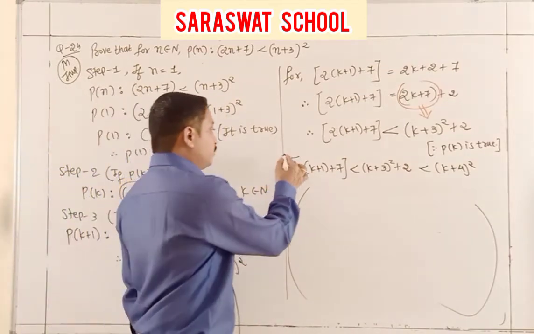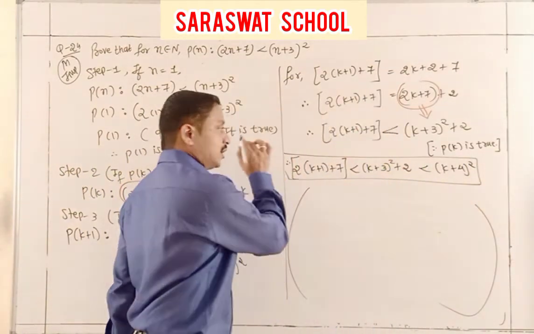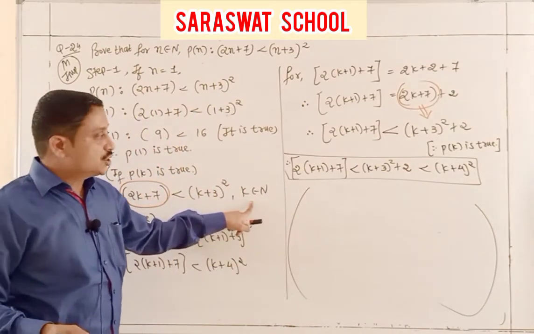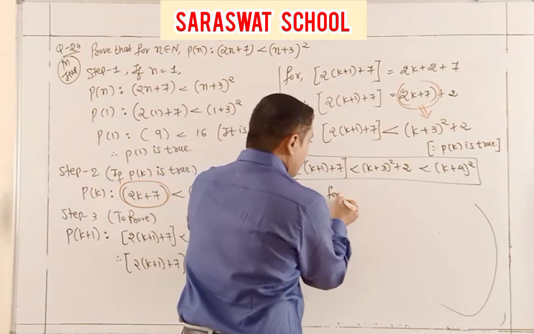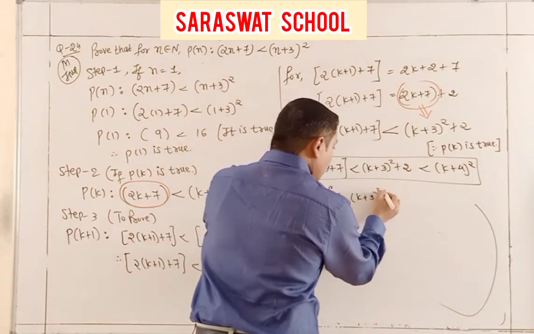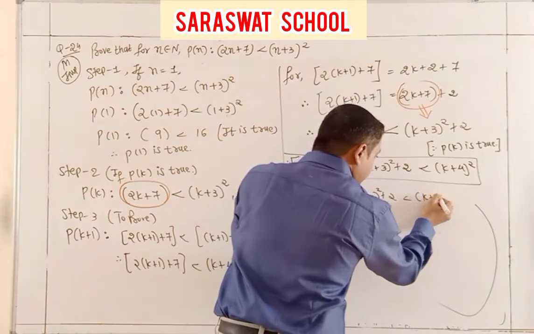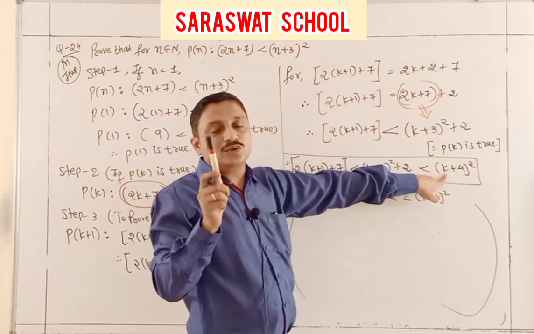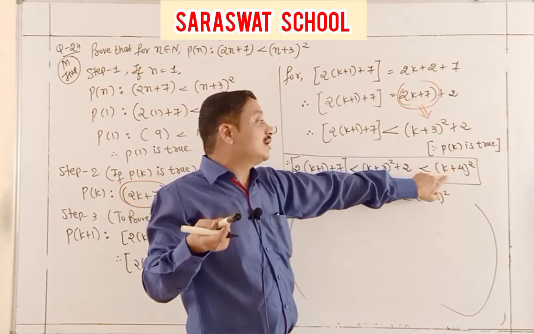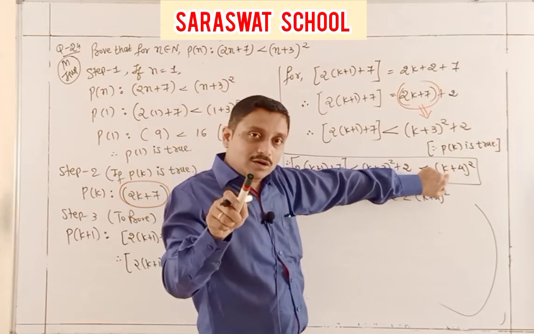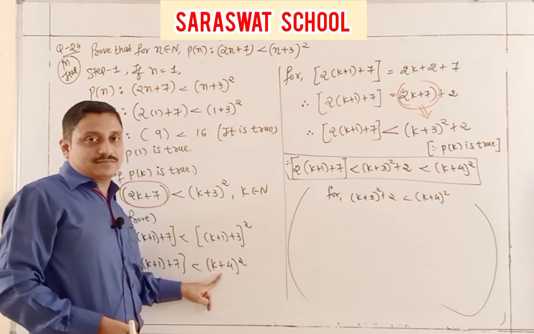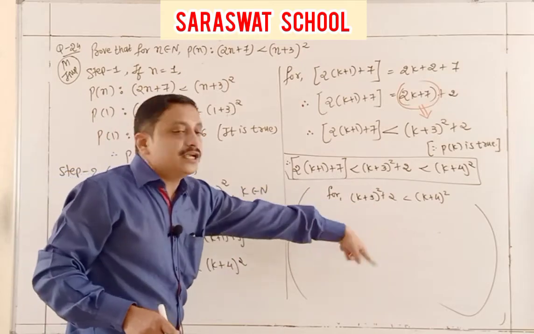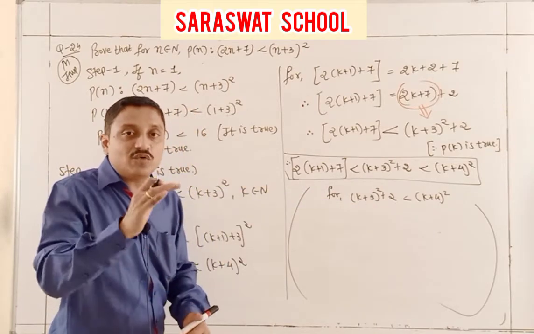First of all, I prove this is true, using step 2 with natural numbers. Here I am explaining why it is true and why I write (k plus 4) whole square here. I think you students wonder why it is written. Now let me explain why it is true. Expand: k square plus 6k plus 9, k square plus 8k plus 16.